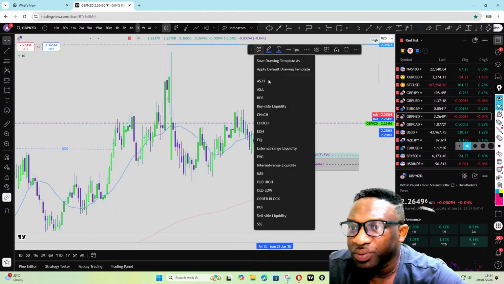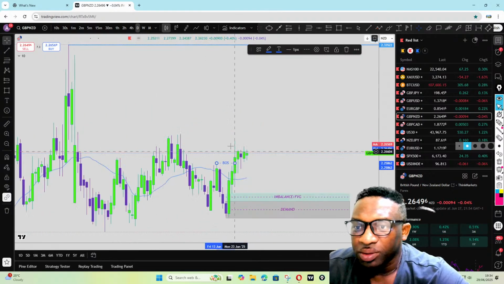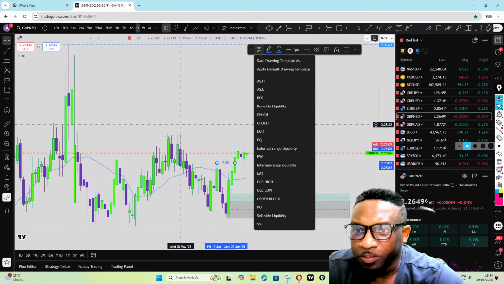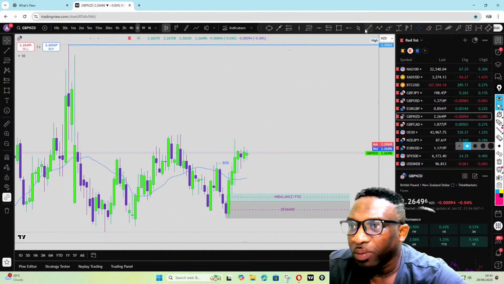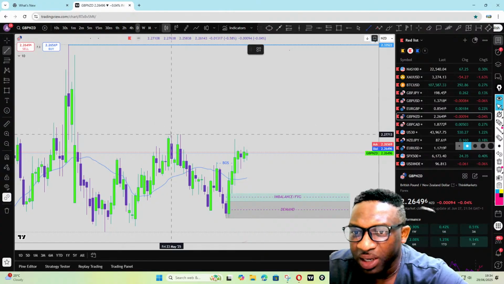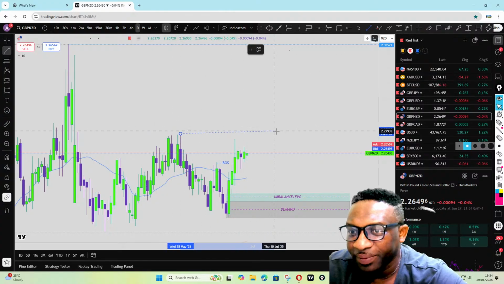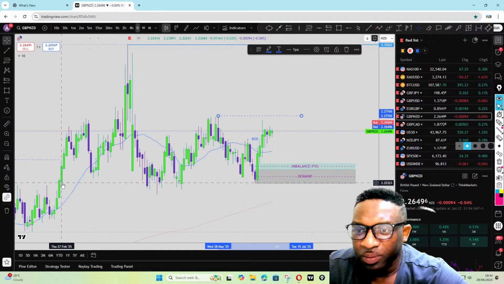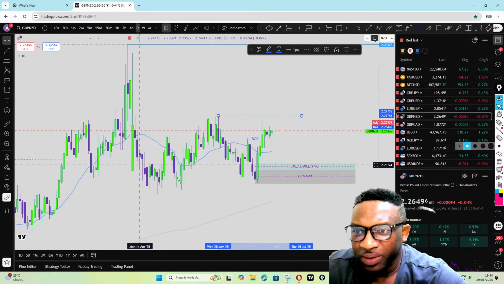Not until we have a break above this area, this high, will we still be within this area.